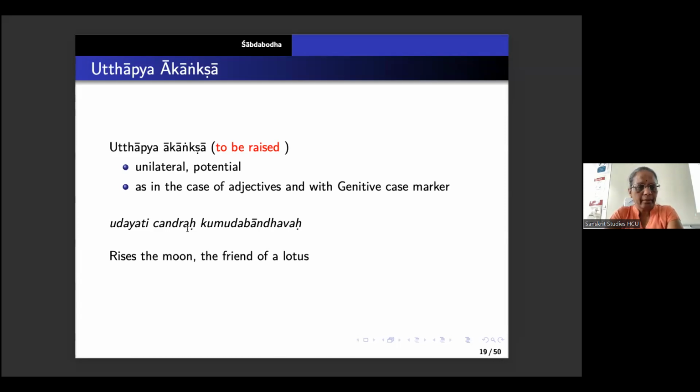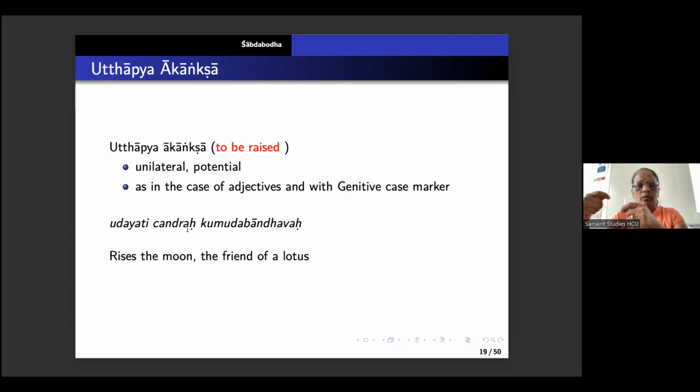No problem. Okay. So the second kind of expectancy is the utthāpya ākāṅkṣā, which is unilateral expectancy. So I was talking about the example, bring a brown cow. The word brown, which is an adjective, has an expectancy. If you just say bring a brown, it's incomplete.